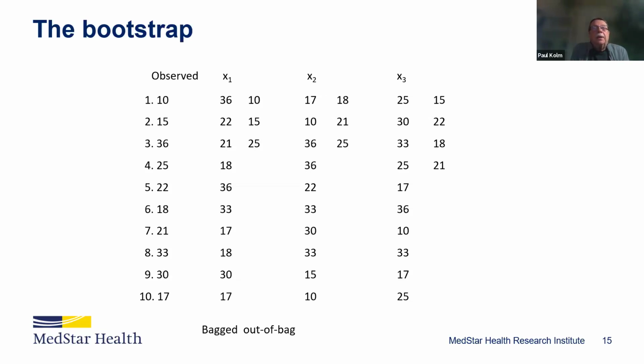X1 represents the ones that have been bootstrapped, and you see that we have 3 values left over that weren't selected. The terminology for this is that those that have been bootstrapped we call bagged, and the ones that are not used are called out of bag. You can see that each time we do this, like in these 3 examples, X1, X2, and X3 are bootstrap samples out of the 10 observed values, and about 30% are not selected each time.